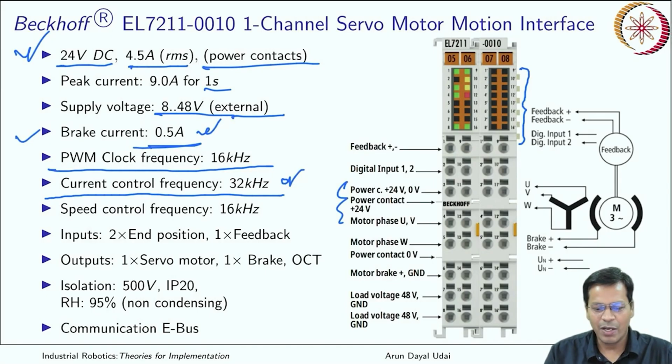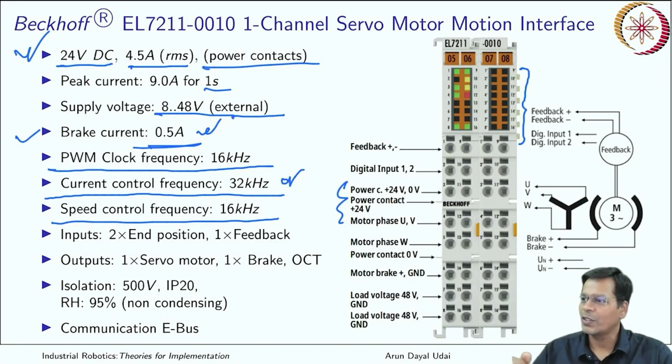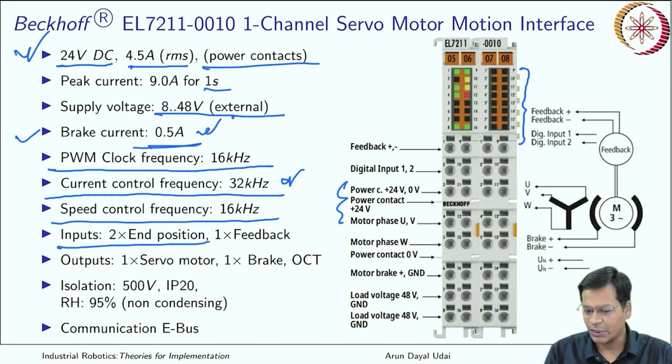Speed control is 16 kilohertz, and current control is 32 kilohertz. As an input it can also take an end position so that it can stop at the extremes.